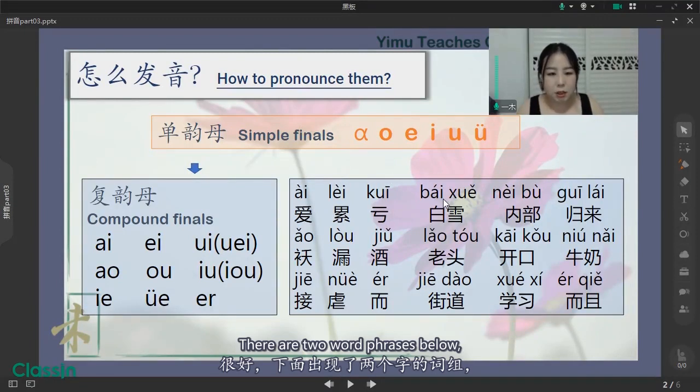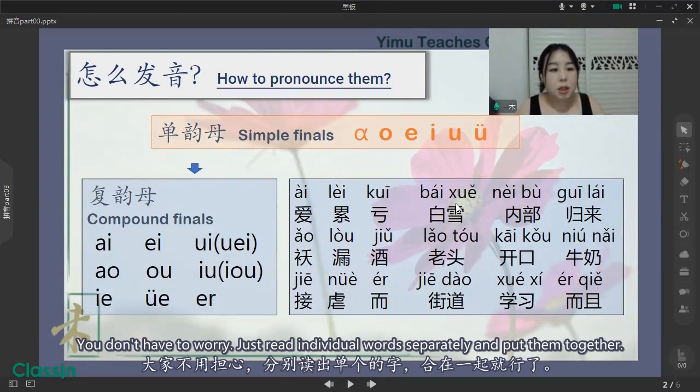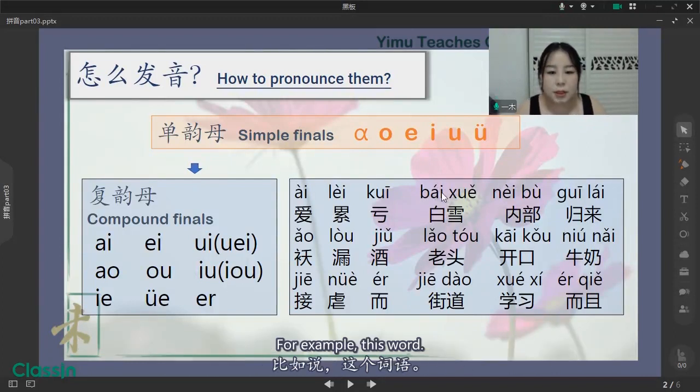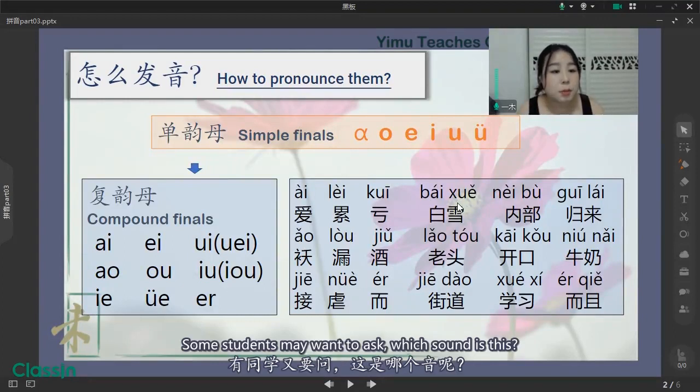There are two-word phrases below. You don't have to worry. Just read individual words separately and put them together. For example, this word: 白, 雪, 白雪. Some students may want to ask, which sound is this initial?